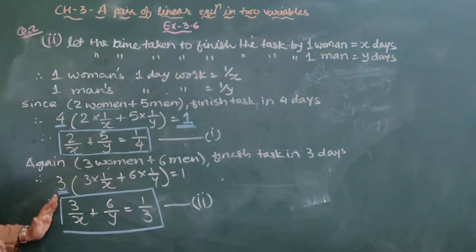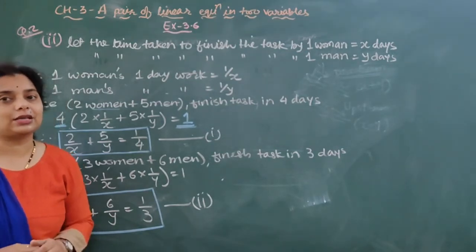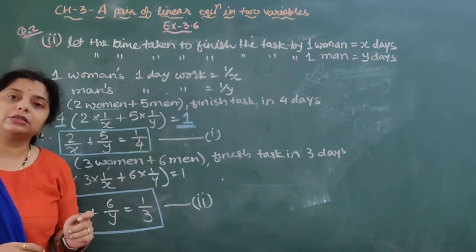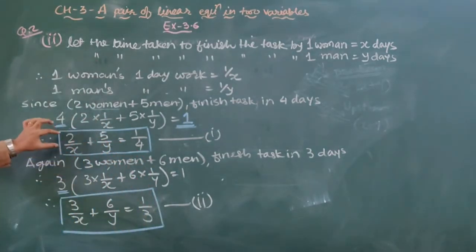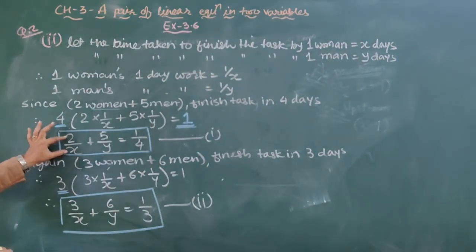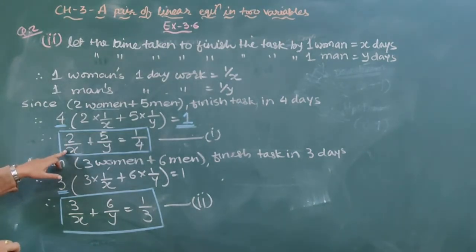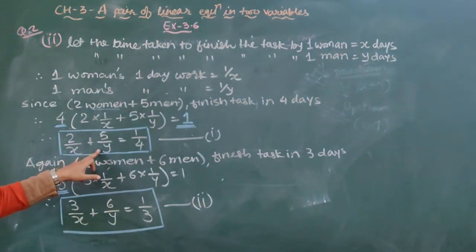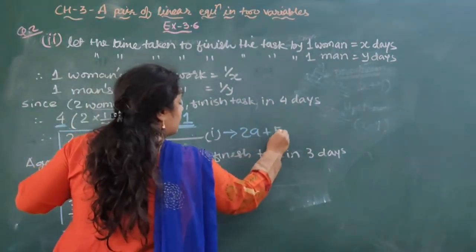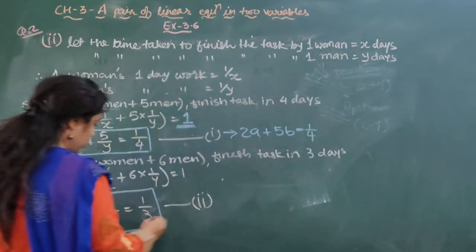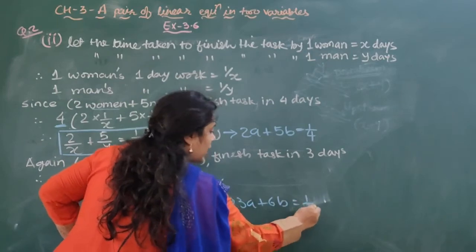Now you can notice that these equations are not exactly in standard form, and we have just done an equation reducible to a linear equation. So here also you have to do a supposition. The next part of the process is what? Let 1 upon x is equal to a and 1 upon y is equal to b, and therefore we get the equations 2a plus 5b is equal to 1 by 4, and 3a plus 6b is equal to 1 by 3.